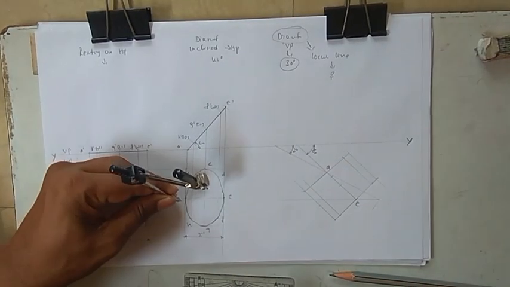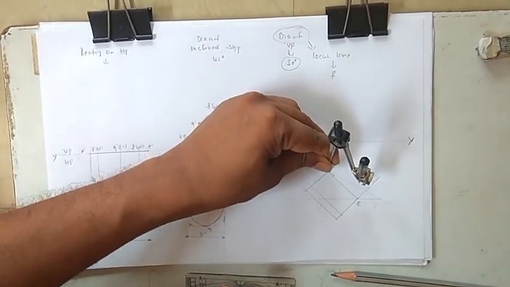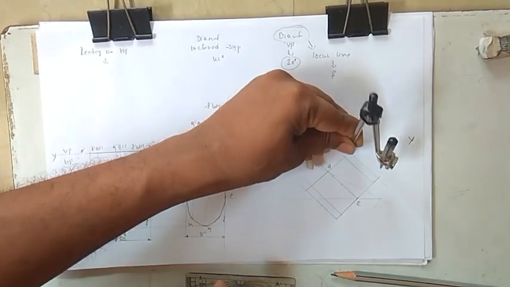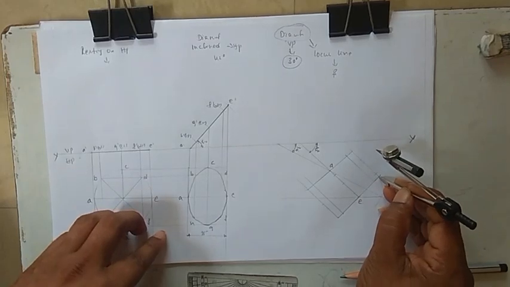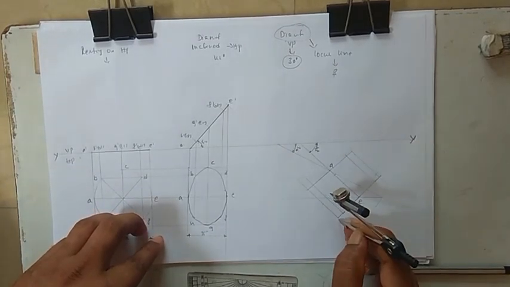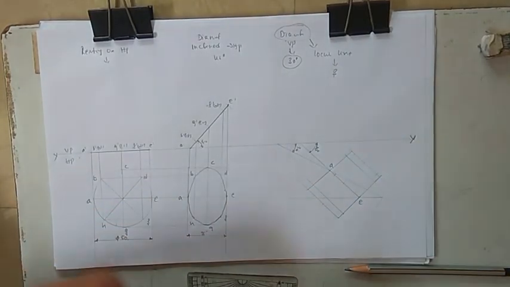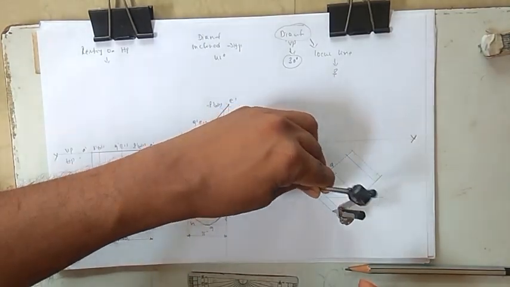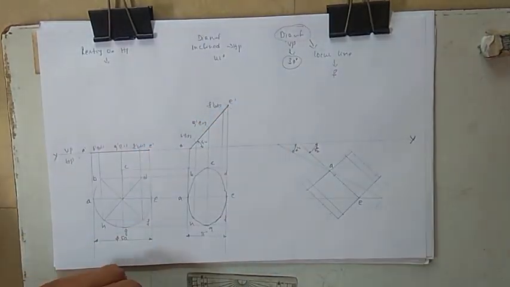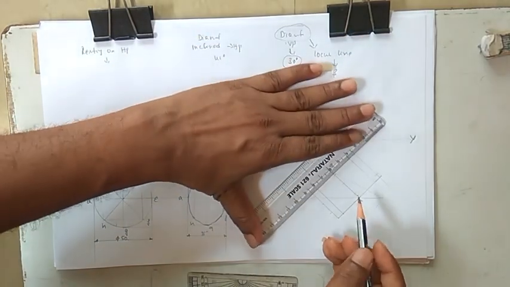You just measure from A to the C, so it will be the same. So you just mark it here. This is the important one here. Now you just draw a thin line here.